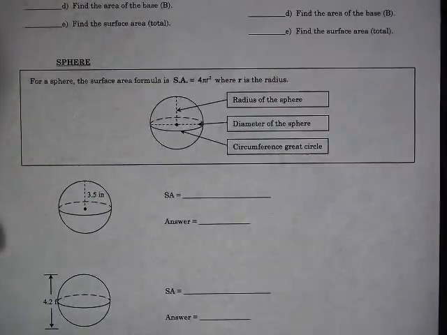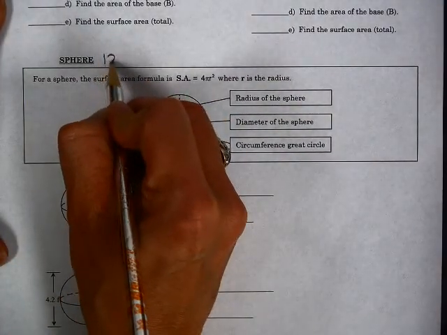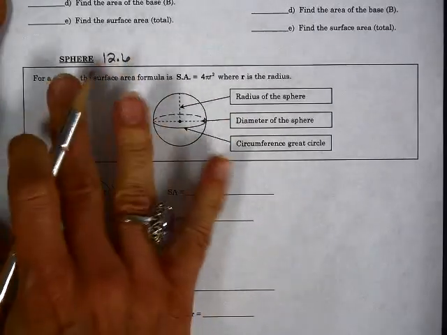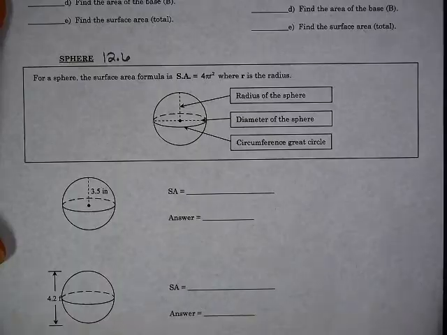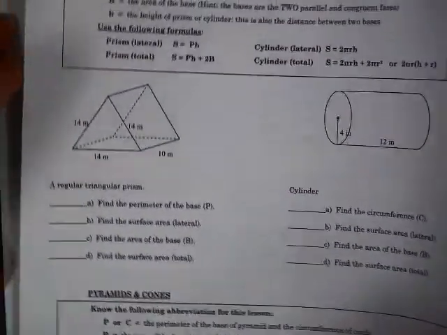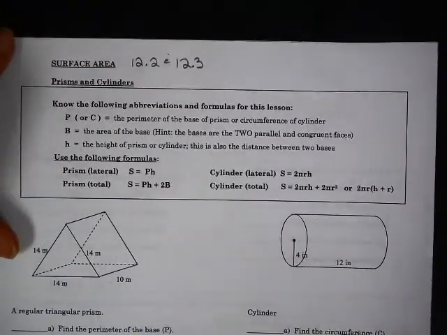It also, on the very bottom of the second page, includes spheres. But spheres is 12.6, and we are going to save this part until we get to 12.6. So we're going to do all the different polyhedrons except, well, a sphere is not a polyhedron, but we're going to do the surface area of these different figures except for spheres.